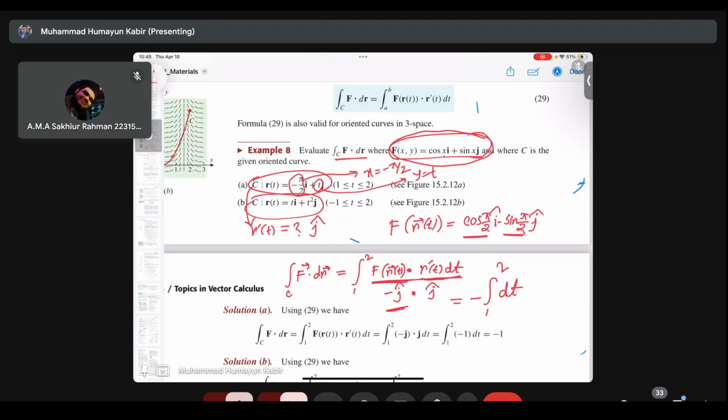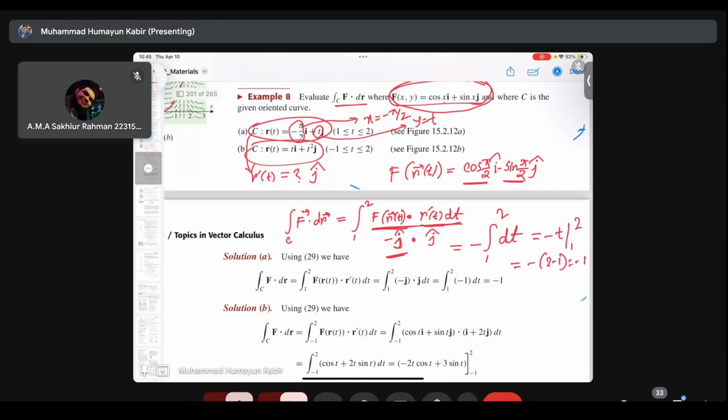And you must have the value of F and r prime. You must take the dot product, and if you take the dot product, the vector will vanish. It must be a scalar, and you can integrate it. And if you integrate it, you will have this one. So this is minus 1. So the process is very simple, but you should know the process. Otherwise, it will be very difficult for you.